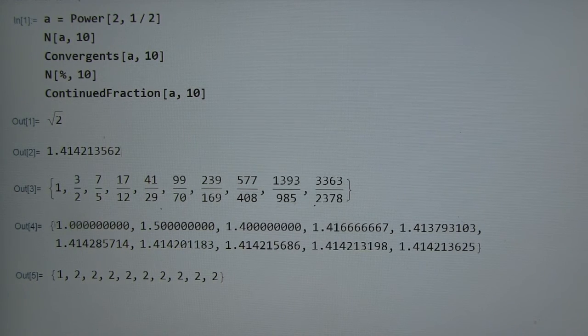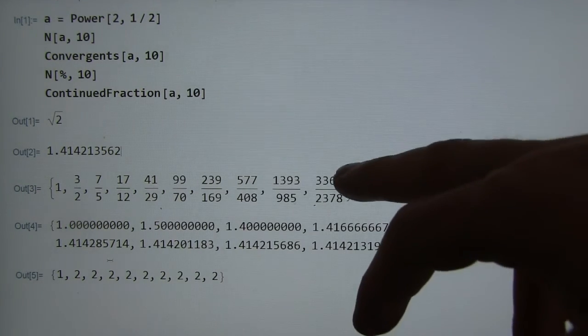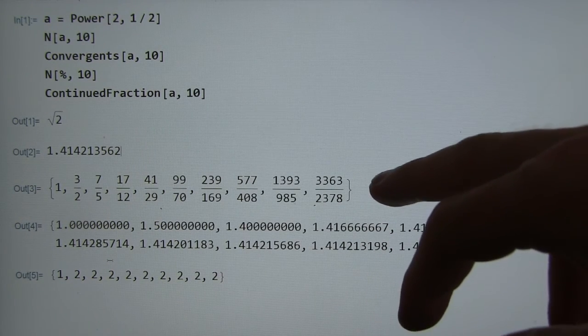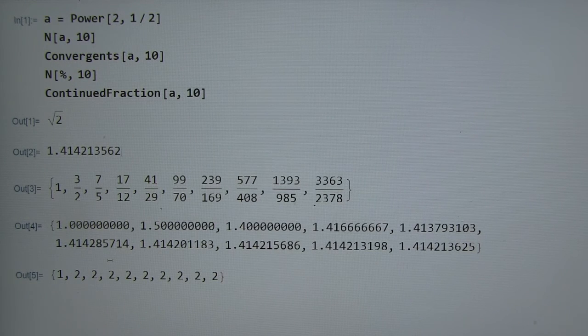Actually, we've got it to 4 decimal places. Maybe we're picking up a decimal place every time or close to it. So it's not too hard. Even these numbers at the end for the 10th one are still below 10,000. And we're getting a very good approximation.